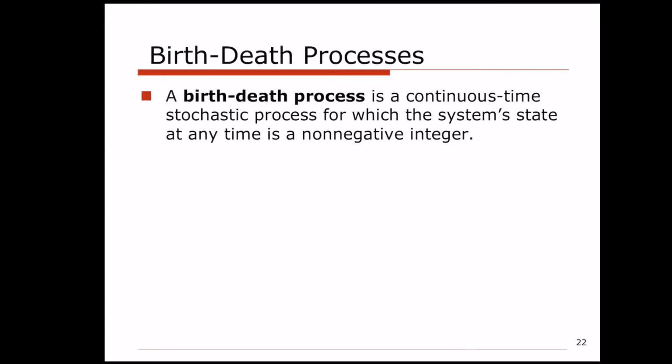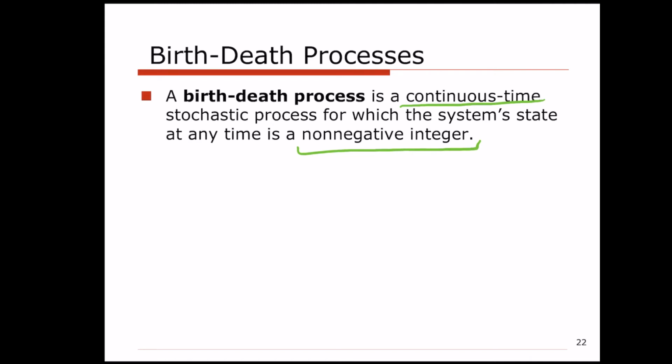And as we can see in this definition, to sum it up, a birth-death process is a continuous time stochastic process, continuous time because the state of the system changes continuously over time. The system's state changes at any point of time, and the system's state is a non-negative integer, like the values that we saw, going from 0 people to 1 person, 2 people, 3 people, 4 people, and so forth.